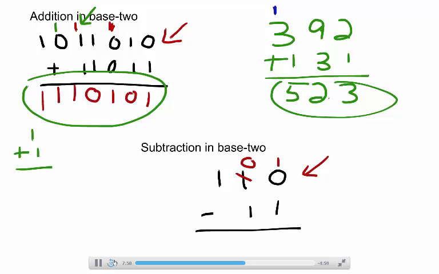Now we have essentially 2 minus 1, which equals 1. And proceeding to our middle column, since we borrowed a group of 2, now we have 0 minus 1. Again, we're going to have to borrow another group of 2. 2 minus 1 equals 1. Therefore, 110 minus 11 equals 11.